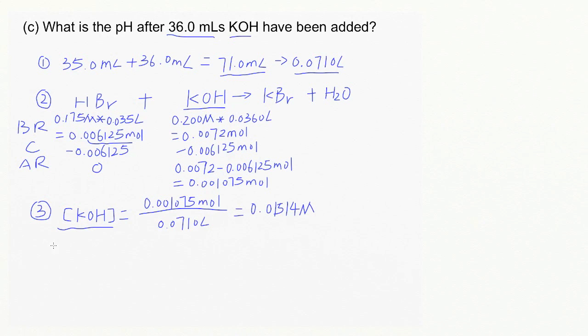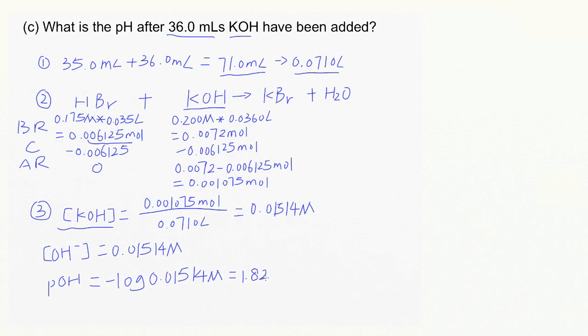And because potassium hydroxide is a strong base, the hydroxide concentration is 0.01514 mole per liter. Okay, now we can calculate the pOH value. That is the negative logarithm of 0.01514 mole per liter. I got 1.820, three significant figures.